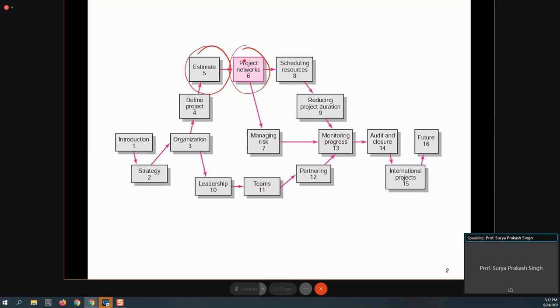Within this project network construction, we will estimate the time, and we will also identify the critical activities. The project manager can know that this project will take this much time, and in this project, these are the critical time, critical activities and non-critical activities.